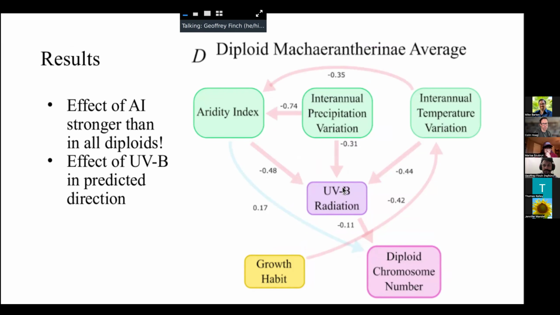And we also now see an effect of UVB radiation on diploid chromosome number. And this is in the predicted direction. So higher UVB radiation is associated with lower chromosome numbers. And then we also have this relationship between growth habit and interannual temperature variation, which I won't get into.